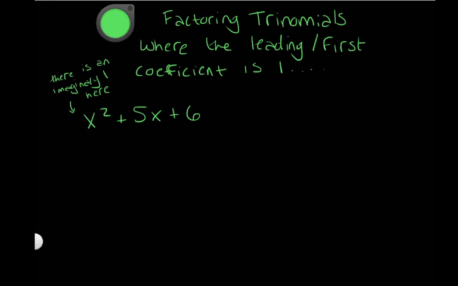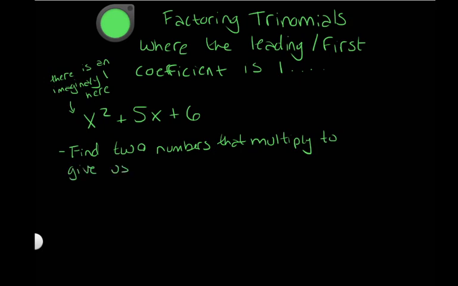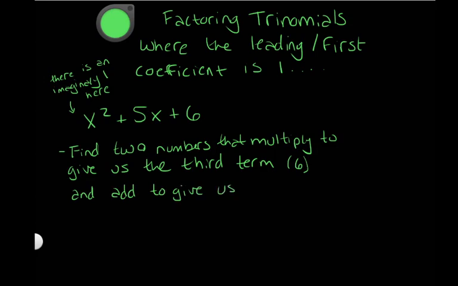So in order to factor this trinomial, we need to find two numbers that are going to multiply to give us the third term, which is 6, and add to give us the middle term, which is 5.